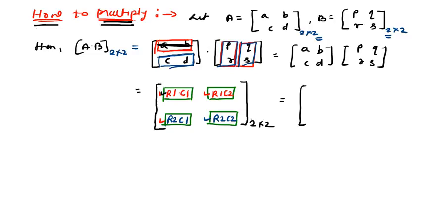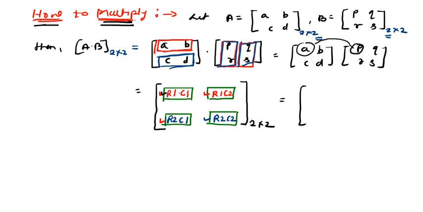And see how to multiply it. First row and first column. See what will happen. The first component of the first row will get multiplied with the first component of the first column of the second matrix.